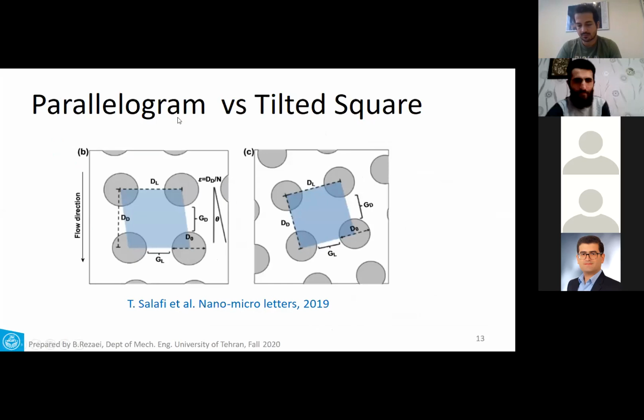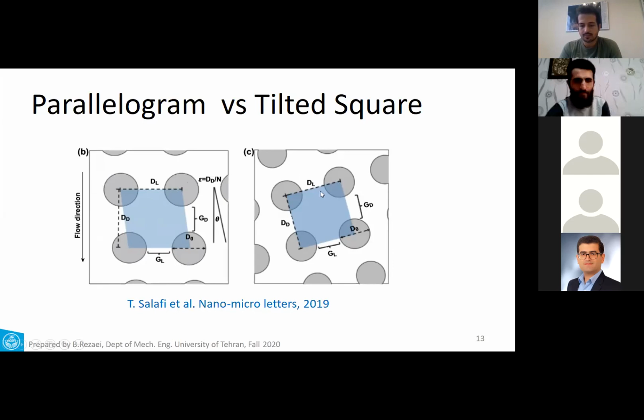Okay, there are two main designs for DLD. The first one is called parallelogram, and the other one is tilted square. On the left side, which is parallelogram, you can see the parallelogram in blue. The flow direction is normal to the gap. As you can see, the flow direction is vertical, and the center to center line is horizontal.